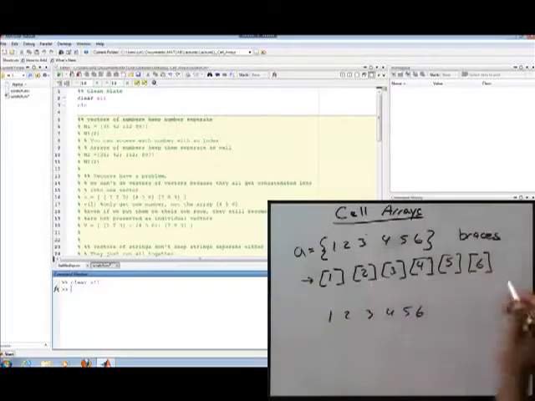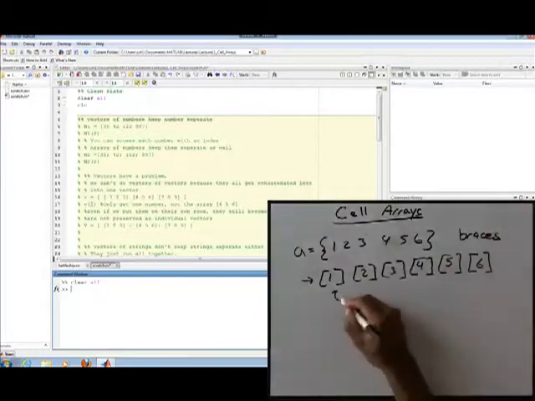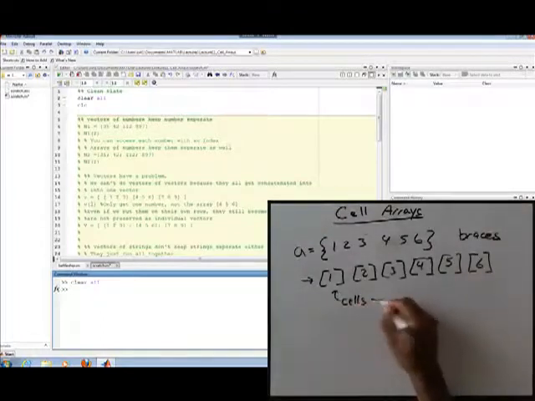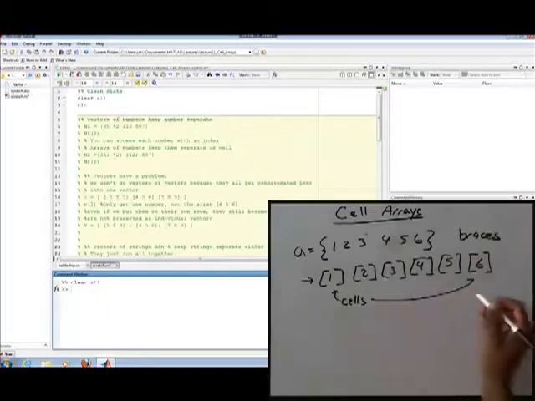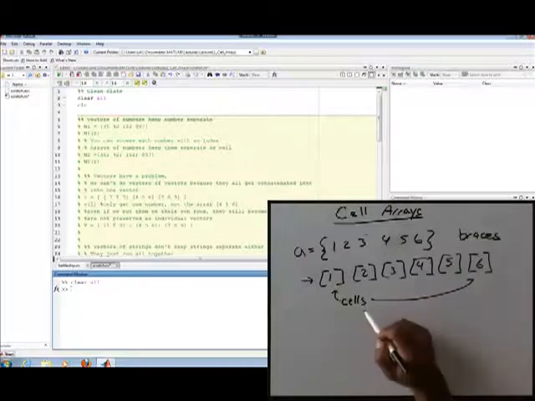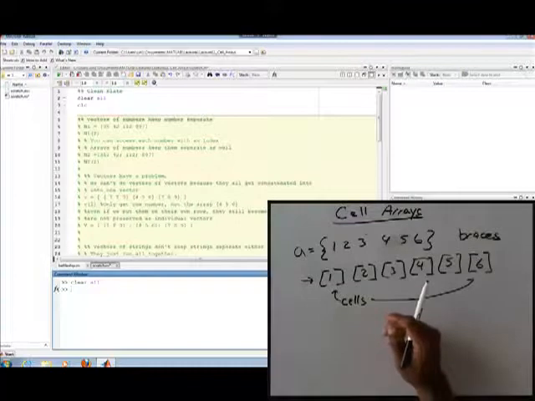It wouldn't have these brackets around it. What these brackets are representing is that these are cells. And if you do this in MATLAB and then look over at the workspace, it would say that A is a cell array of class cells, right? And we're going to see this when we go into MATLAB.